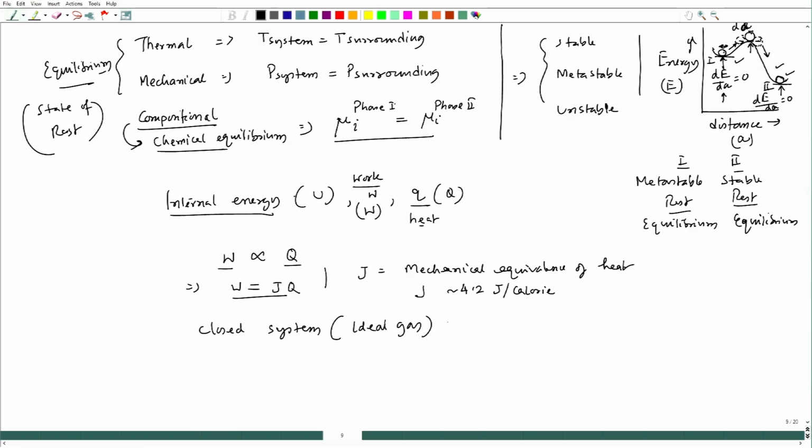Why are we taking it? To set up a relation between U, W and Q.